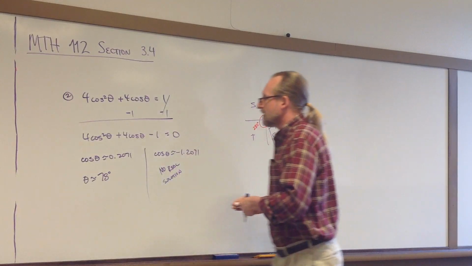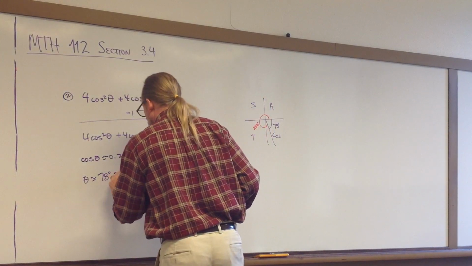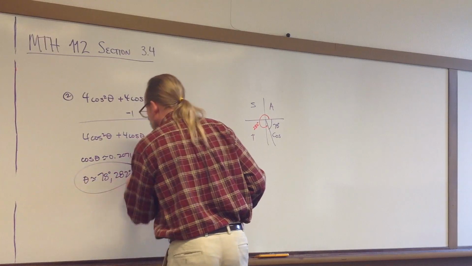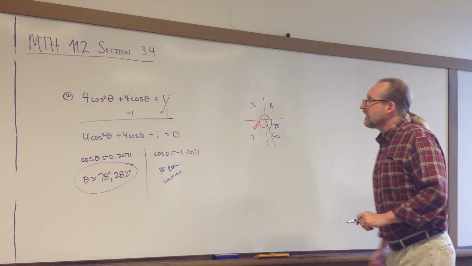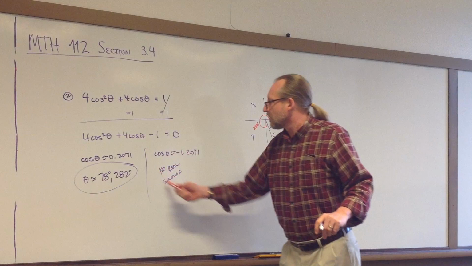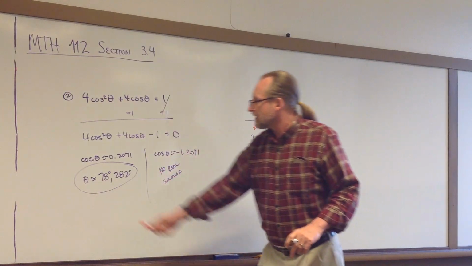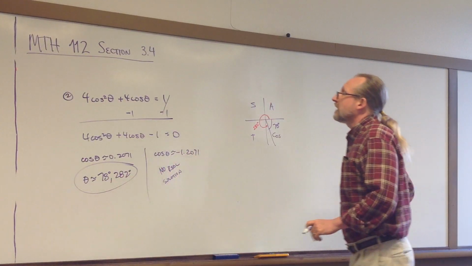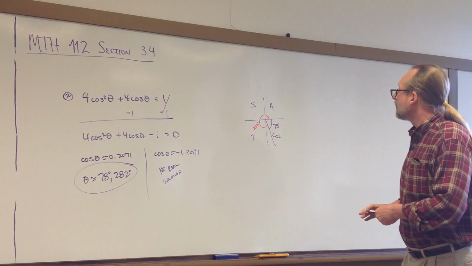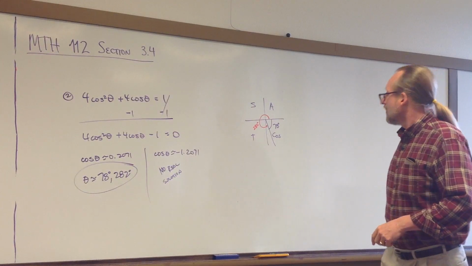That's going to be our second solution here: 282 degrees. So we don't need to worry about the negative value too much. Just provide the solutions that actually do work, and we'll be all set.